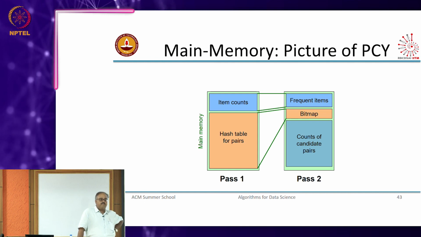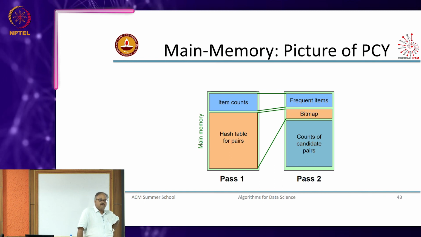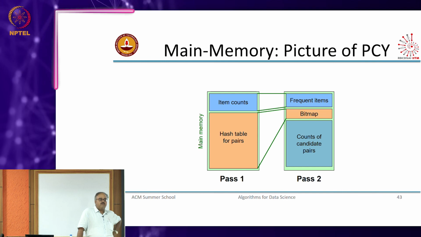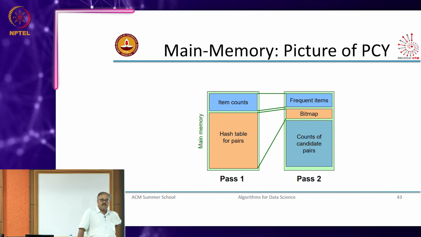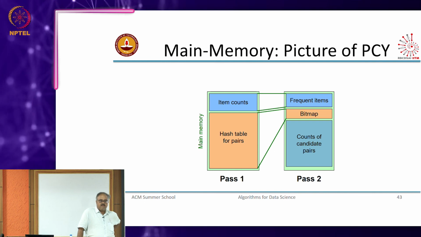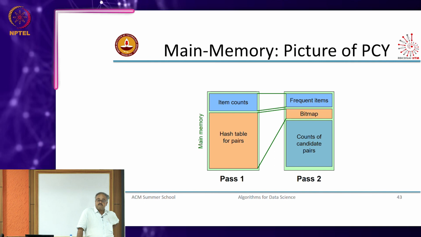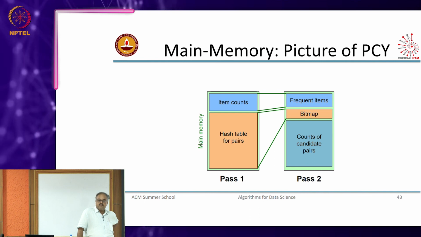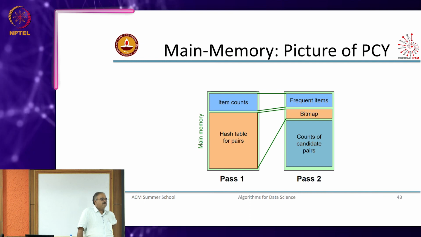So if I want to represent 1,000, I can count 0 to 255, right? So if I want to count 1,000 elements, I need 2 bytes.